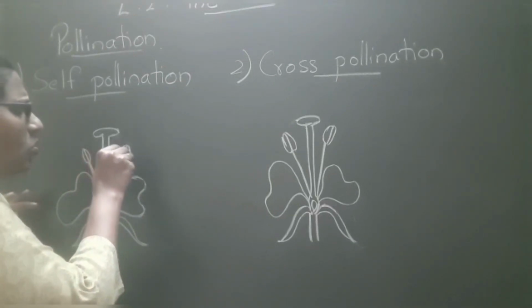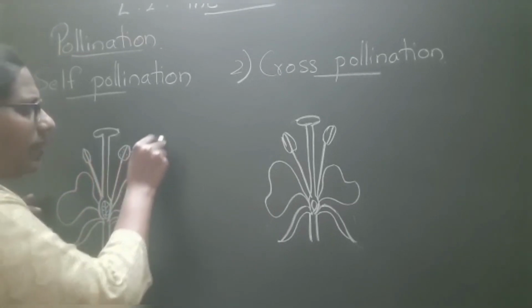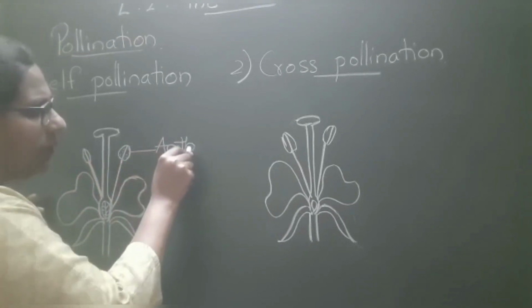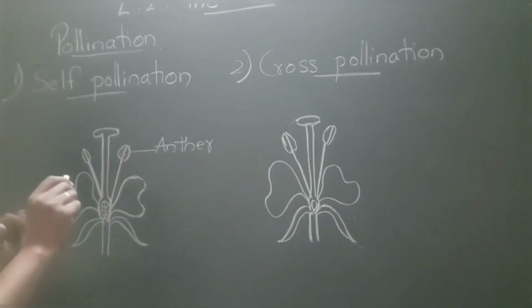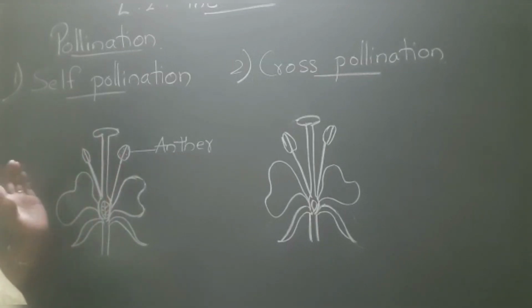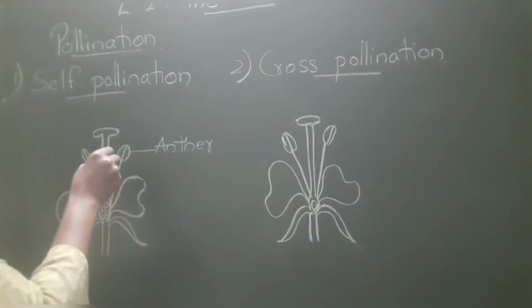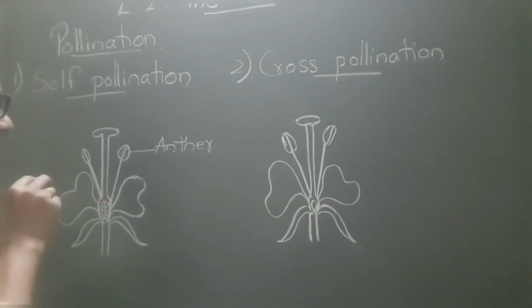When an insect comes to the anther, the anther has pollen grains in it. When insects come and sit on the anther, the pollen grains are very sticky and stick to the legs of the insects.